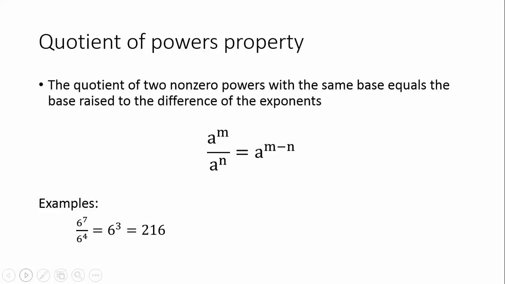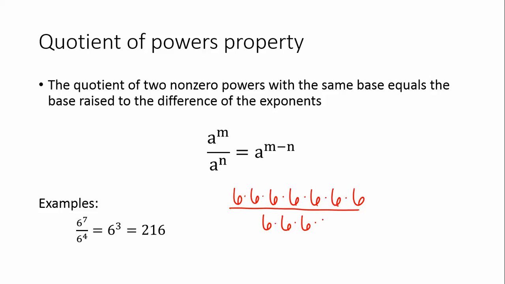And let me show you why that works. Remember, with multiplication we add, but with division we subtract. So if we use the example down here, 6 to the 7th is 6 multiplied 7 times. 6 to the 4th is 6 multiplied 4 times. What occurs here then is we have 7 6's on top and 4 6's on the bottom.